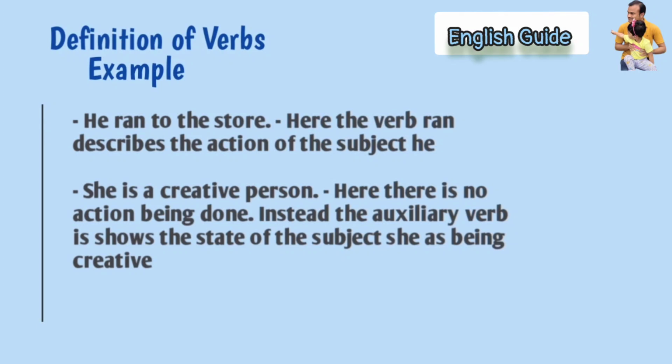She is being creative is telling about the creativity of the person, or state or situation of the person. So I hope the definition of verb is now clear. It can be an action as well as the state or situation of the subject.